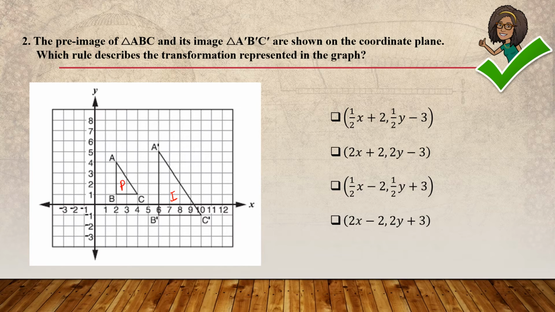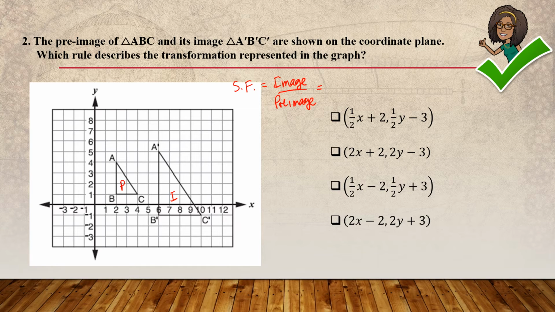Remember, dilation changes the pre-image to the image by multiplying by some type of scale factor, so it's going to increase the size of the figure. So we have to find the scale factor. Remember, to find the scale factor, we take the image and divide it by the pre-image.